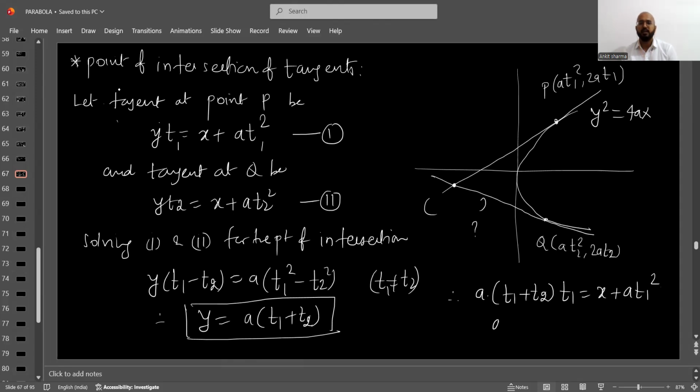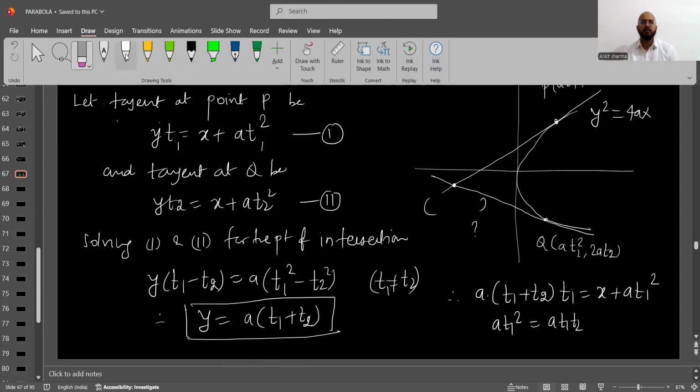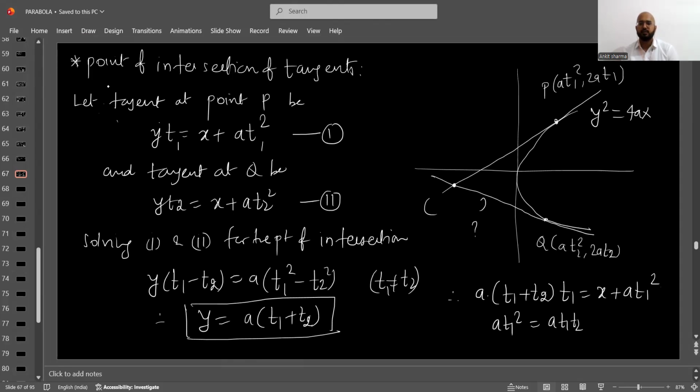So this will give me at1 square plus a t1 t2 is equal to x plus at1 square. I see my at1 square gets cancelled and I get x is equal to a t1 t2. So the point of intersection is a t1 t2, comma a times t1 plus t2. This is my point of intersection.